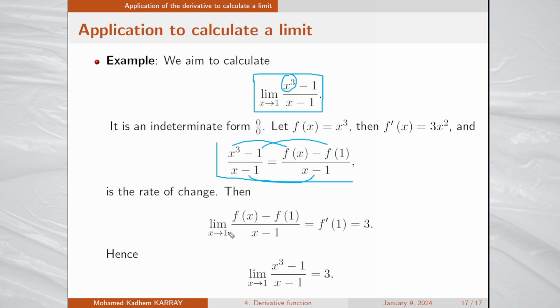So the limit of this rate of change when x goes to 1 equals the derivative, which is f prime of 1, and this derivative equals 3 multiplied by 1 squared, which gives the value 3. So the limit of our ratio of polynomials equals 3.